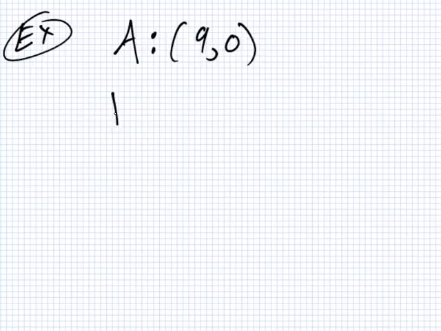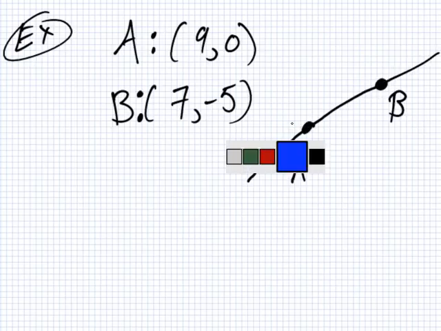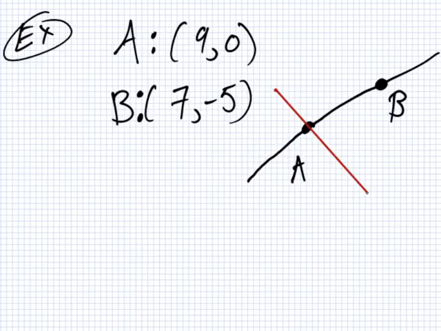Right. Next one, A, B, okay, and this time we'll say only 2 points. So we have the line AB, and for this one, I want this line L, and this line passes through A and is perpendicular.